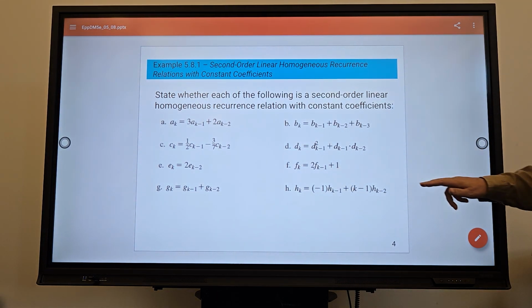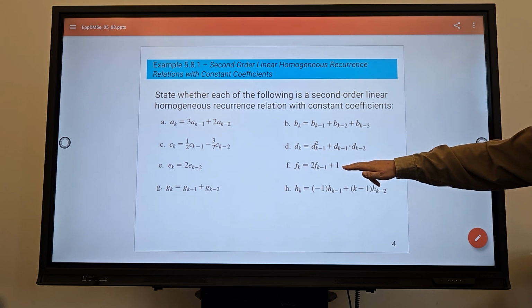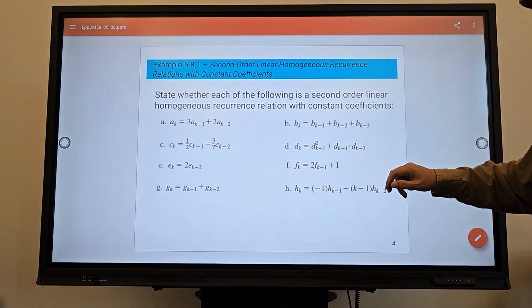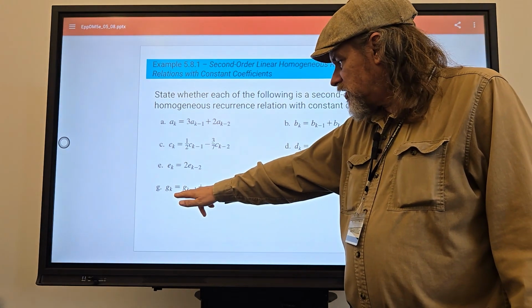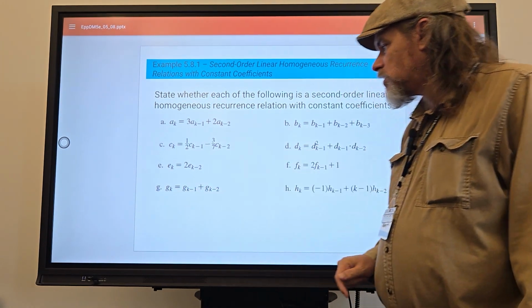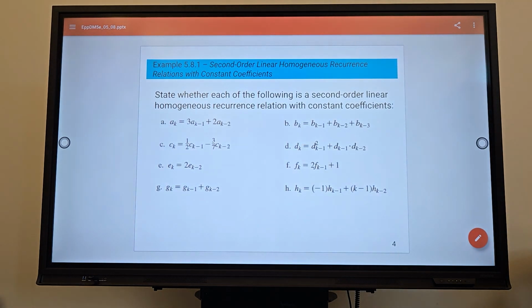In this situation, B would be 0, and that's not allowed for a second order linear recurrence relation, so that would be no. Here, A and B equal 1. All the other criteria are met, so yes, that would be a mouthful relation.